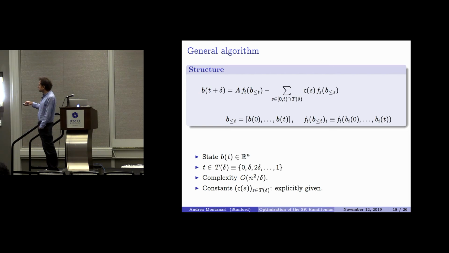All the vectors up to time t form a matrix that is n times t over delta, and this function computes a function row by row of this matrix. So at vertex i, I look only at the past values of vertex i and apply some nonlinearity. And these constants are explicitly given.